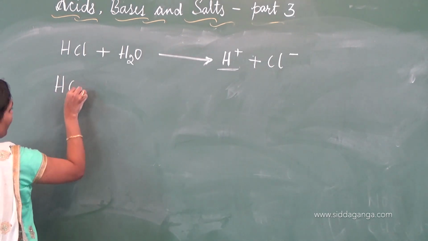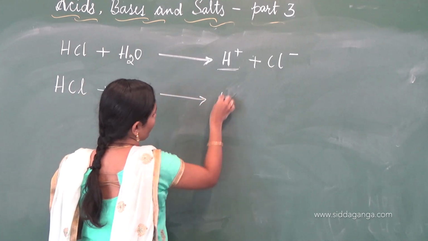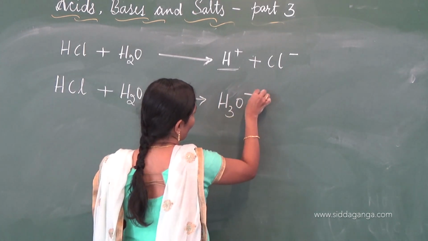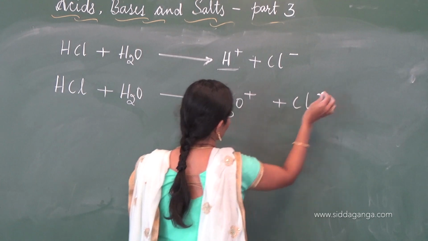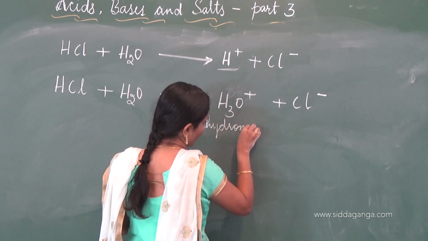That is why the more appropriate way to write the above equation is H3O+ and Cl-, and this is what is referred to as hydronium ion.